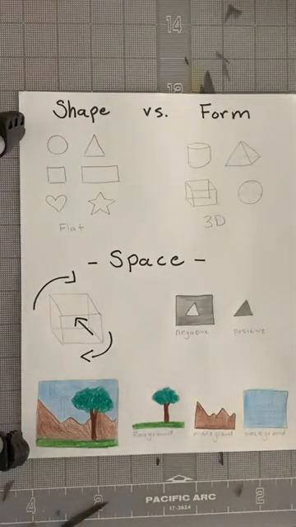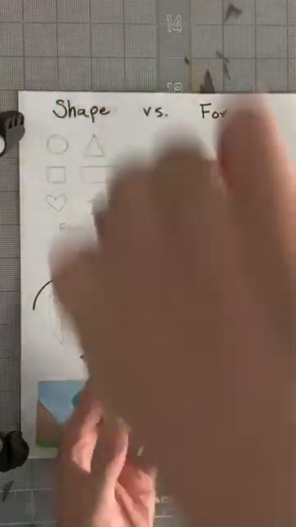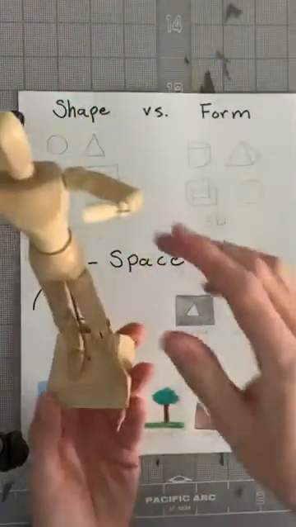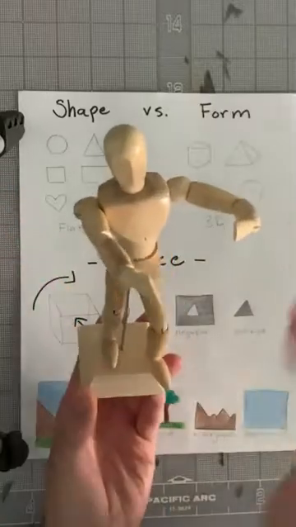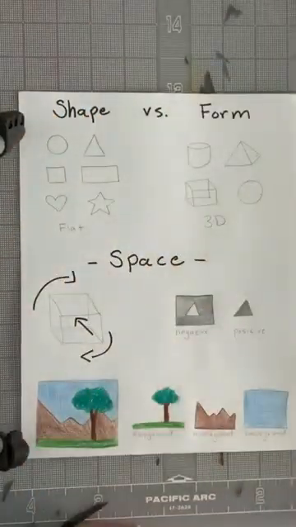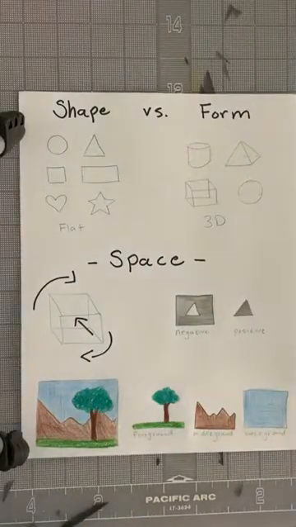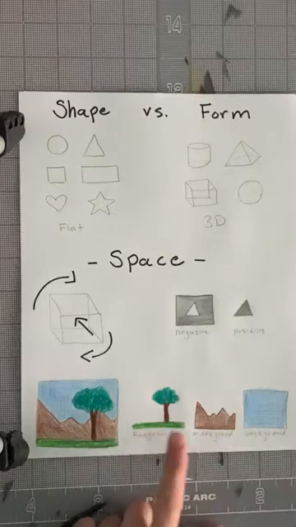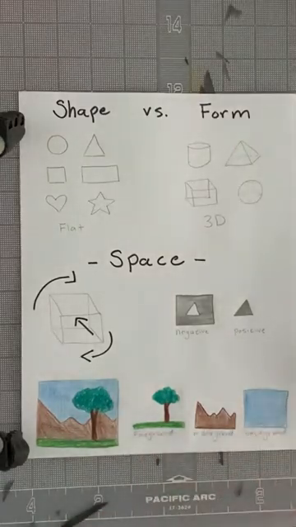So with three-dimensional objects, you have the space that interacts around it, all right, like a sculpture. Everything that goes around or through is the space. When it comes to 2D, you can either have foreground, middle ground, or background.